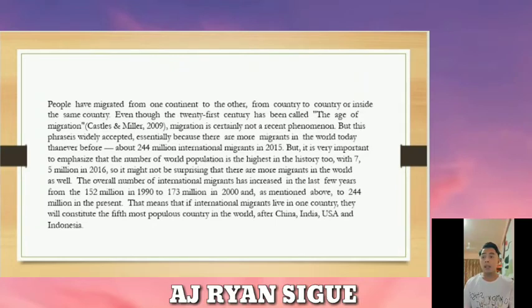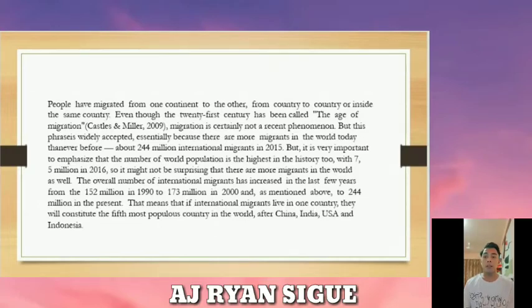As well, the overall number of international migrants has increased in the last few years from 152 million in 1990 to 173 million in 2000. And as mentioned above, to 244 million in the present.